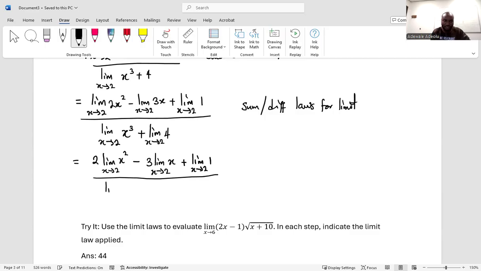Then here I will have limit as x goes to 2 of x cubed plus, again, I will let this remain as it is. So here I have used the constants law for limits. That is what I used here.